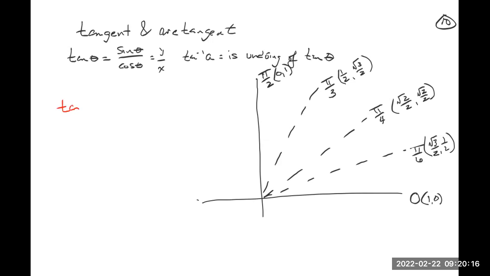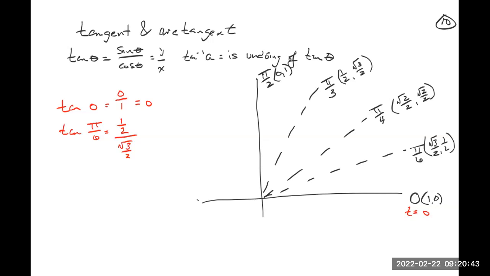So tangent of 0 is 0 over 1, which is 0. That's not a big deal, right? Tangent of pi over 6 being y over x is 1/2 over square root of 3 over 2.